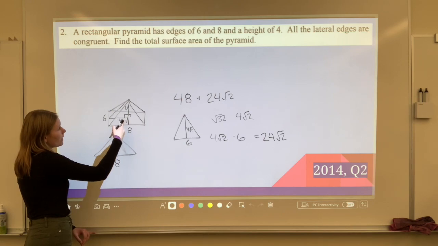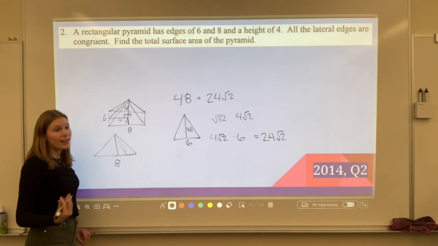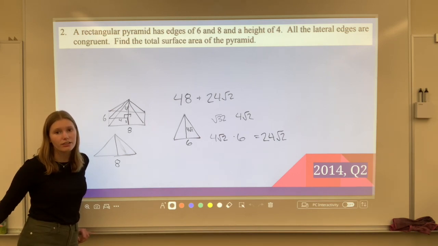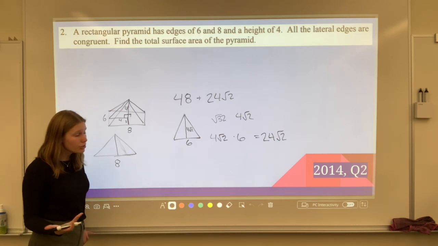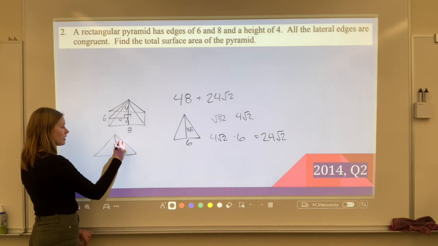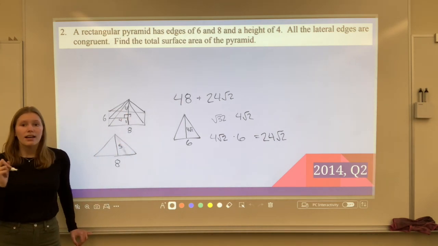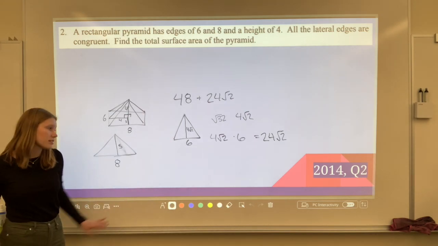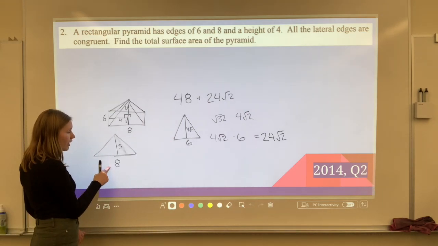So 3, height of 4, and instead of doing the Pythagorean theorem, we know that a 3, 4, 5 triangle is one of the primitive Pythagorean triples. So we can say that this length here is going to be 5. I'm going to do the exact same thing again as I did on this previous face. So we have 8 times 5.